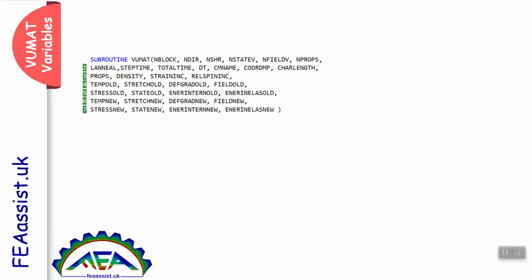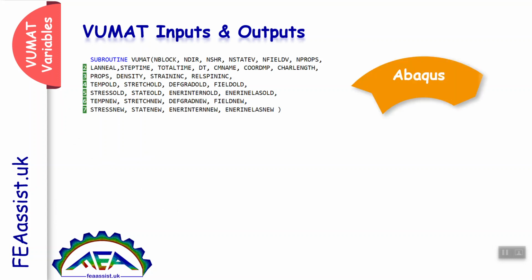The important thing about learning the VUMAT subroutine is VUMAT's inputs and outputs. VUMAT has some variables. Some of them are inputs from Abaqus. In VUMAT, we process the inputs and export the processed inputs as outputs. Actually, these variables are computed in Abaqus.